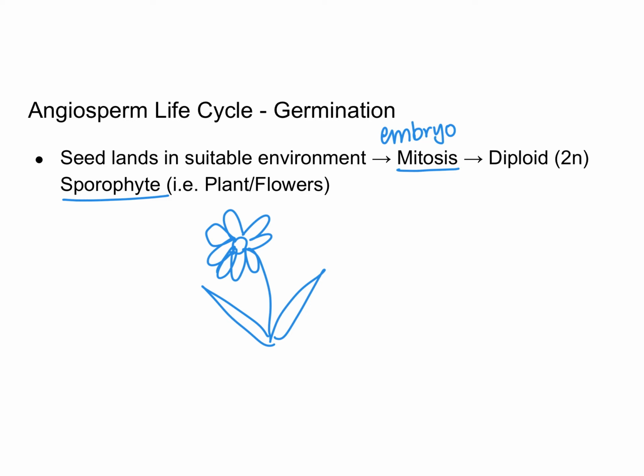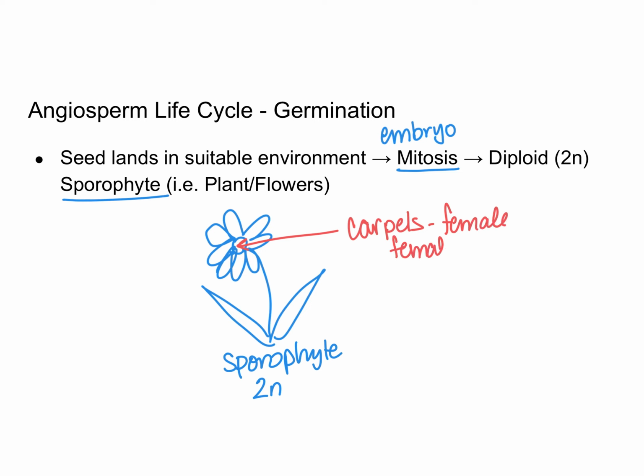And then the gametophytes, remember the gametophytes are just the other alternation of the generation. So the flower itself is the sporophyte. And these cells are all diploid. And then in the middle, or in the center of the flower, remember we talked about the carpels, which are the female structures, and they contain the female gametophytes.